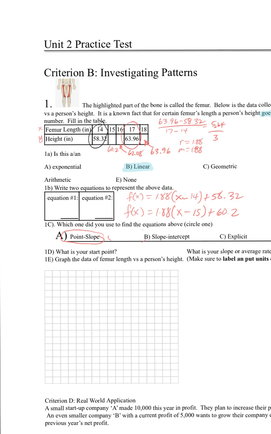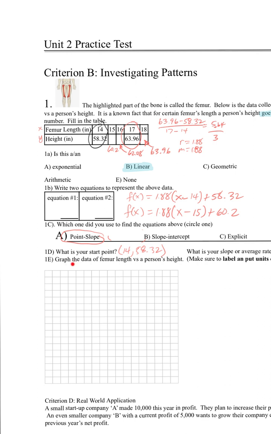Of course, if you want to start at 0, then you would have to plug in 0 for x in here, and then multiply 1.88 times negative 14, and then add 58.32, and that would be your y point when you do that. Then you get a point, and you can graph it on that side.